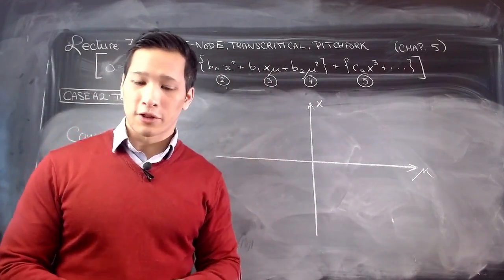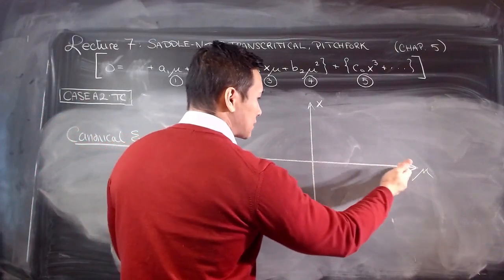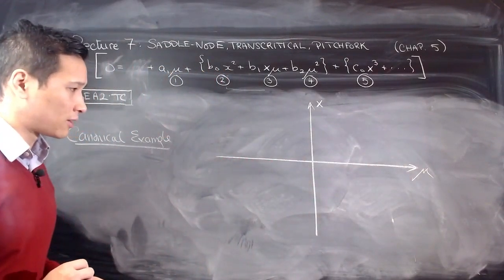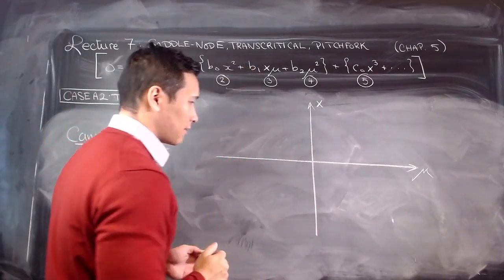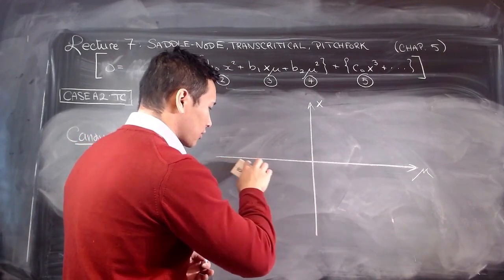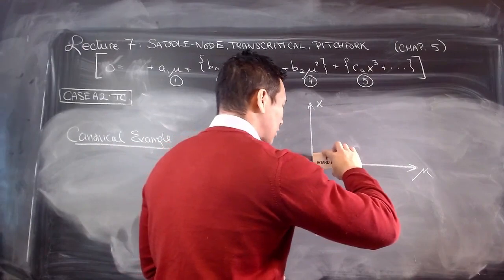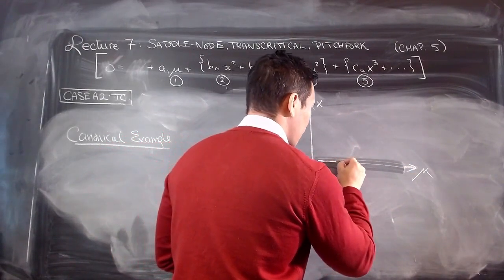We draw it here for the precise coefficients, and we know that x equal to 0 is always a fixed point of the system. We know it always exists, so it should span this whole line. And it is stable on the left when mu is less than 0, and it goes unstable on the right.